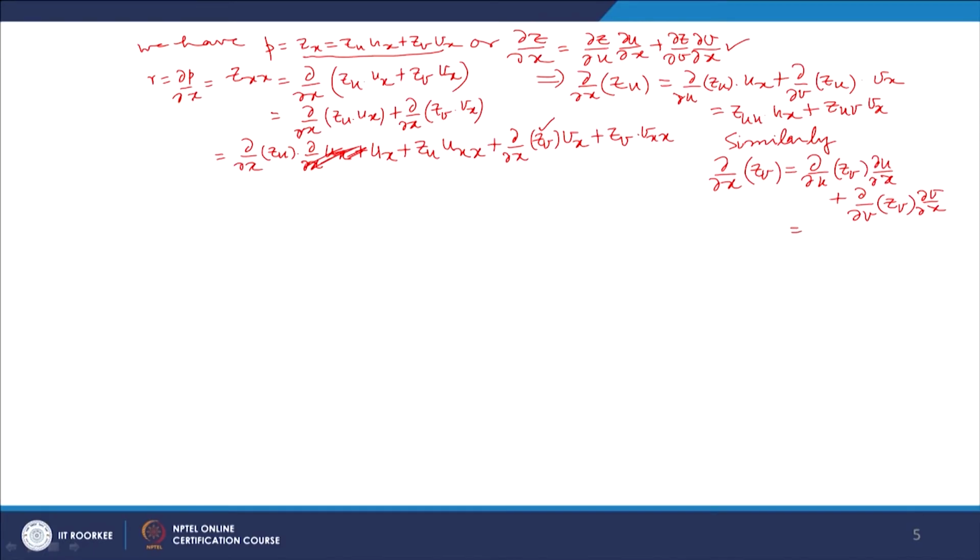And this is what? This is z_uv into u_x, and we have z_vv into v_x. So, let us put these values here.